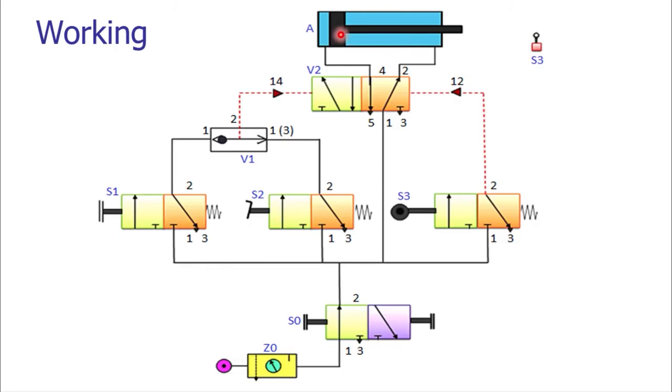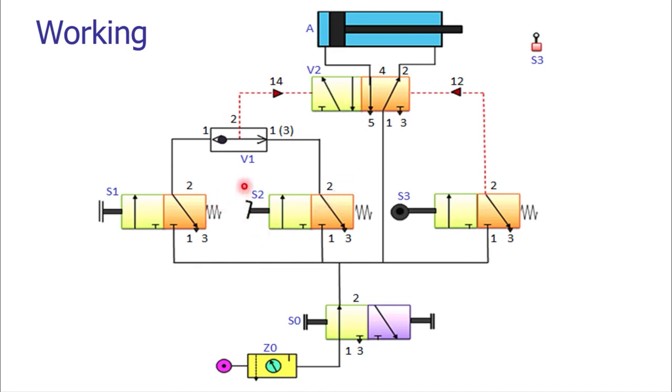So when the piston is moving from left to right, the fluid which is on the other side of the piston cylinder arrangement will be taken back to the vent. So here it will be taken back to the vent porting.